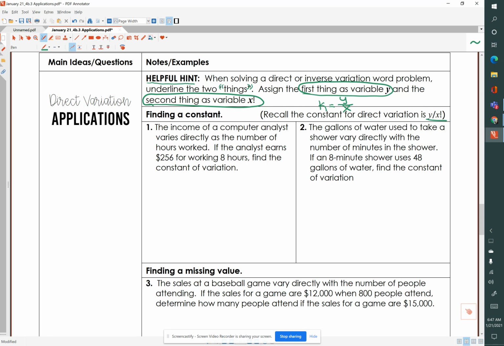So first we have a computer analyst, but this is really a wage problem. This is really about how much money this person makes. The income of a computer analyst varies directly as the number of hours worked. So income varies directly with number of hours. If the analyst earns $256 for working 8 hours, find the constant of variation.